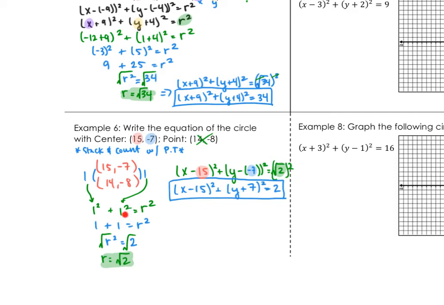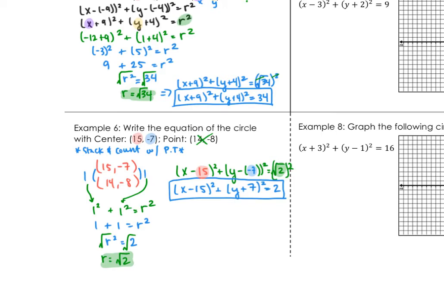So 1 squared plus 1 squared is going to help us find our radius squared. When we solve for our radius, we get the square root of 2. Once we have that, we can just plug into the equation of the circle, which is x minus h squared plus y minus k squared equals r squared. So now we have the equation of our circle.